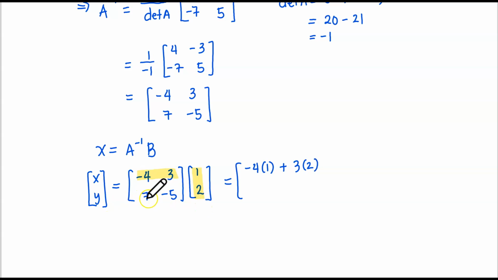Then for the entry here, we have the product of this row here by this column here. So we have 7 times 1 plus -5 times 2.